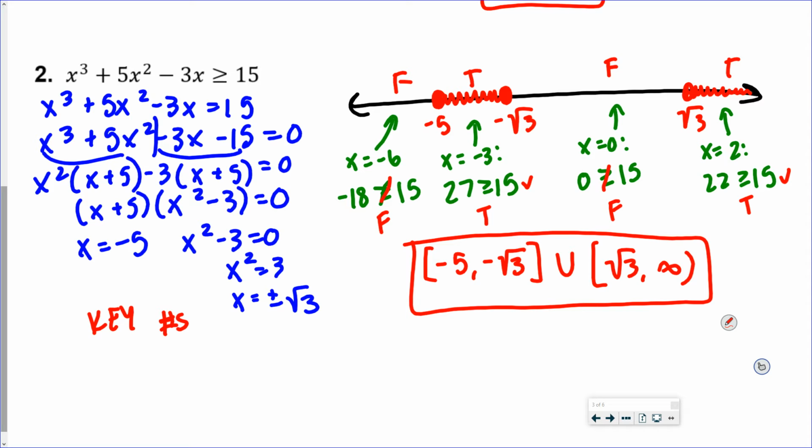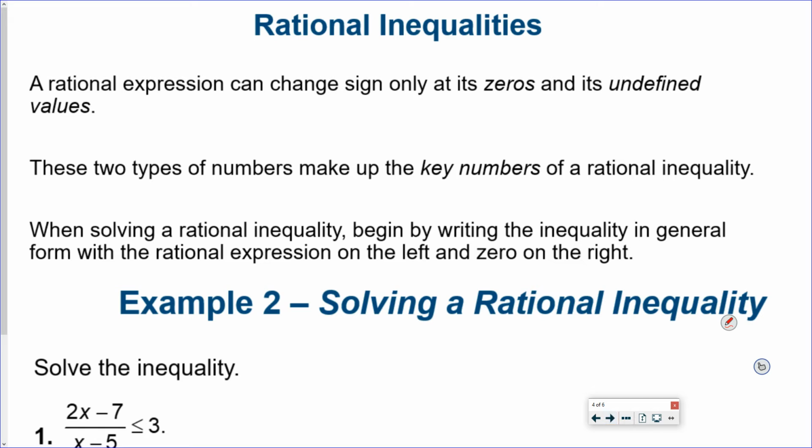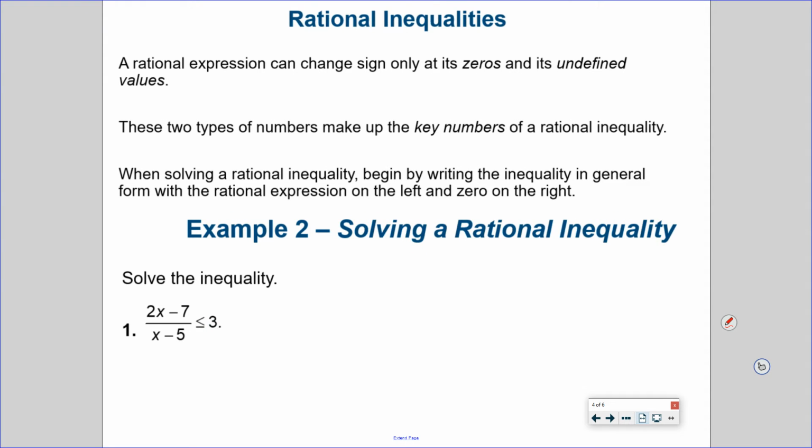Okay, I'm curious if you've done rational ones before. Probably not. That's the next half of this lesson, rational inequalities, rational meaning fraction. The only thing that's different with these is we can have key numbers at its zeros, so we'll solve the equation again, and also anytime it's undefined.